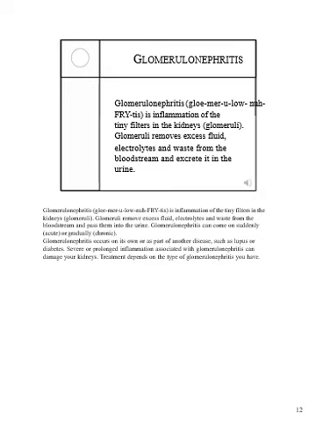It occurs on its own or as part of another disease such as lupus or diabetes. Severe or prolonged inflammation associated with glomerulonephritis can damage your kidneys. Treatment depends on the type of glomerulonephritis you have.